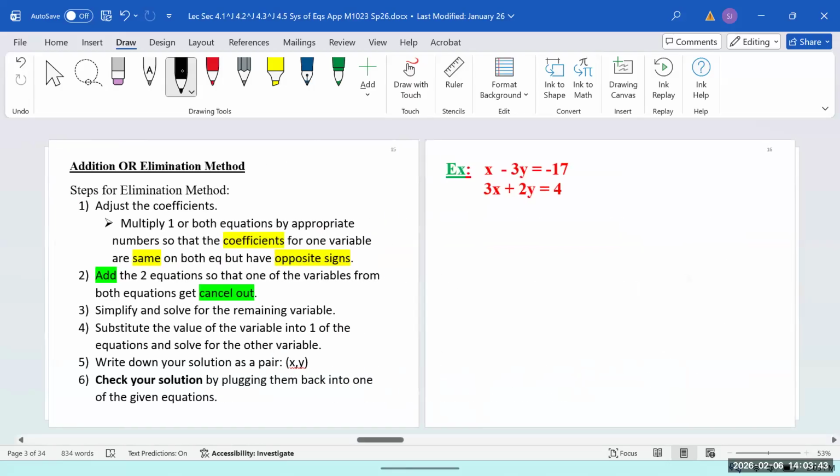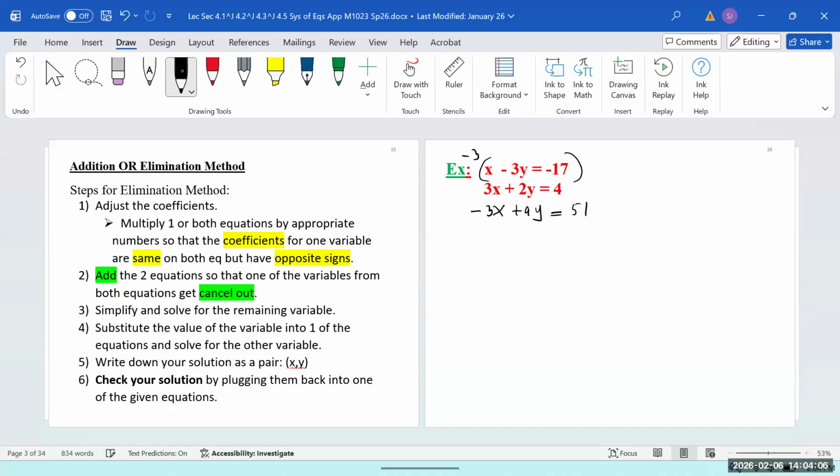For example, here, we have 3x plus 2y equals 4 and x minus 3y equals 17. Let's say I decided to eliminate x. So if I multiply this by -3, we get -3x, positive 9y, and positive, what is 17 times 3?